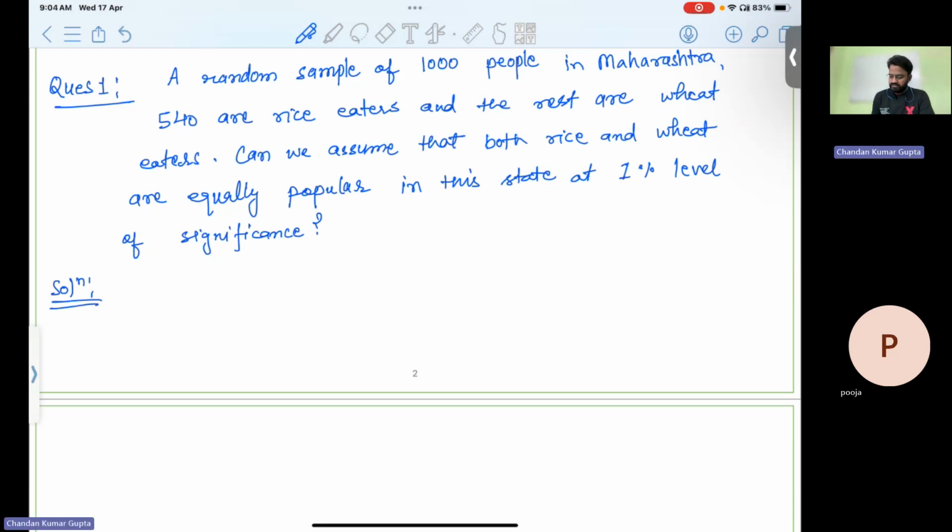Here we are given sample size 1000, that is n equal to 1000, and let x be the number of rice eaters, which is given as 540.